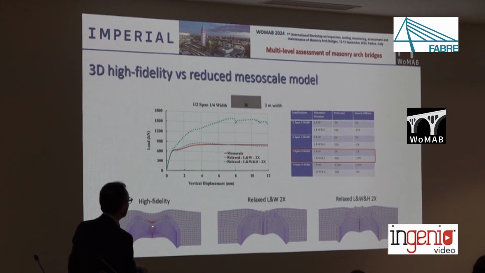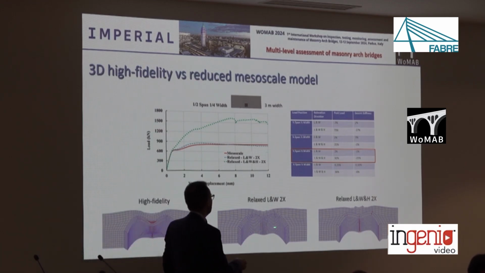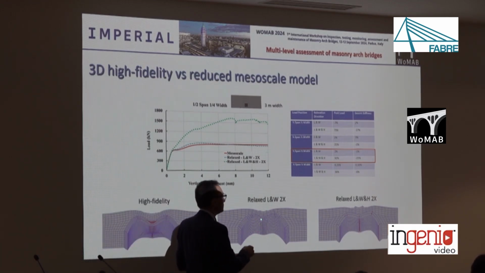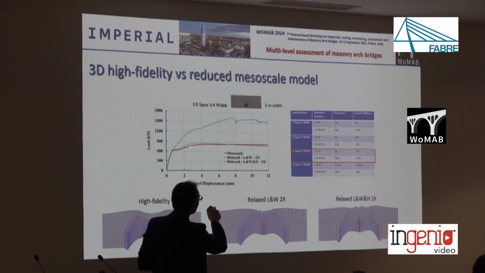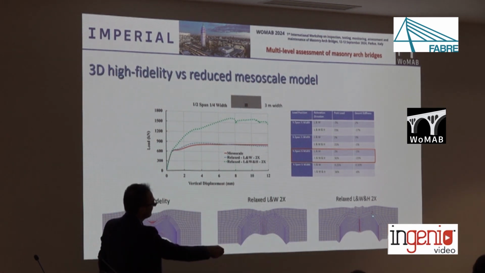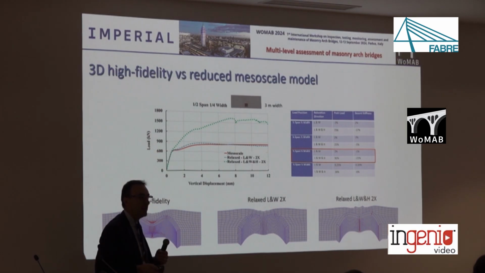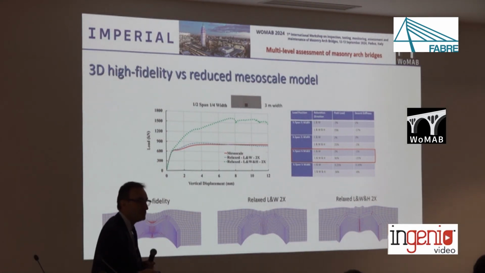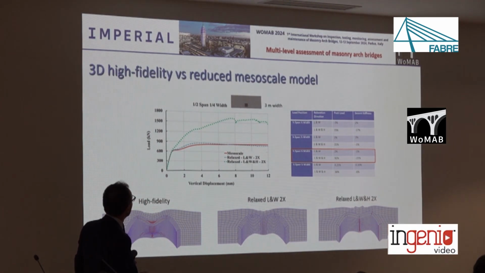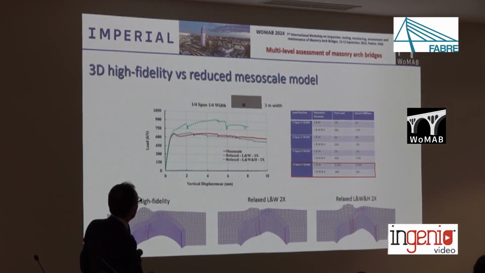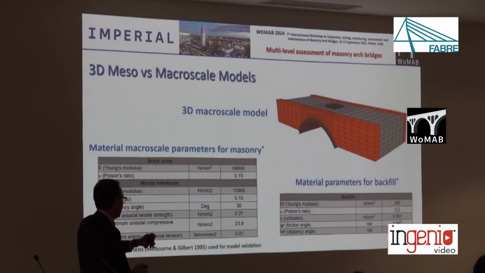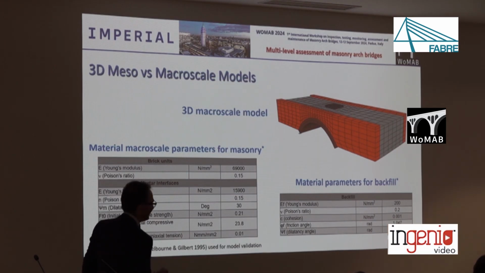With a relaxation level 2, where we consider relaxation along the length and along the width, but not along the thickness, the results are basically coincident to the full mesoscale, but the relaxation through the thickness leads to this very inaccurate prediction. When we achieved these results we were quite surprised, but I think it is a good outcome to be considered further. So I move on now to the very final 2 minutes, right?